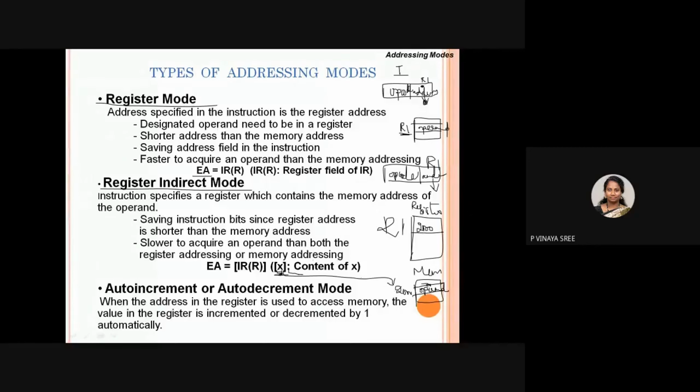Auto increment and auto decrement are almost the same as register indirect mode, but the difference is that in auto increment mode, first we perform the operation, then we increment. That is post increment. Next, auto decrement: first we decrement and then we perform the instruction. This type of mode will be used in stack operations.